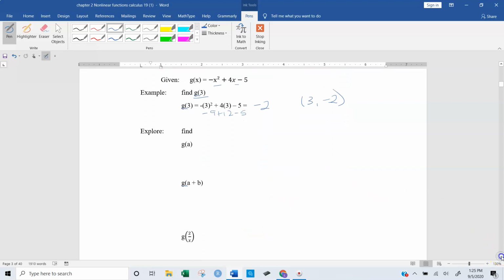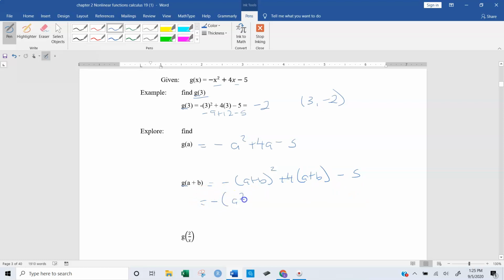You're using the same g function as above. So the first thing you do is you plug in the a. So you have -a squared plus 4a minus 5. Plug in the a plus b. This is -(a plus b) quantity squared plus 4 times (a plus b) minus 5. Should probably practice doing that distribution just so we don't forget.